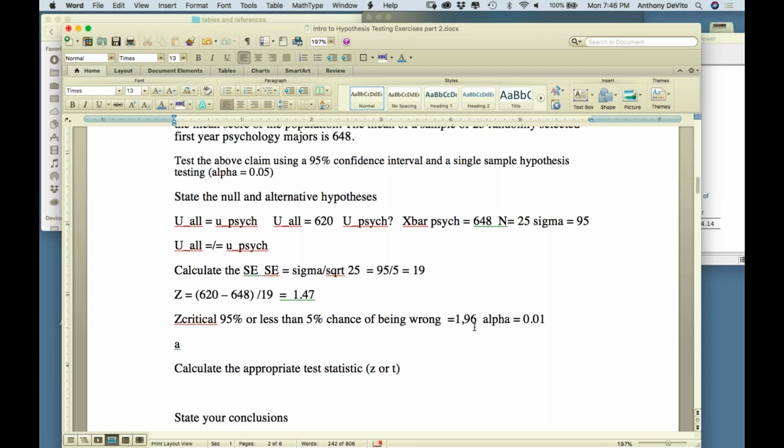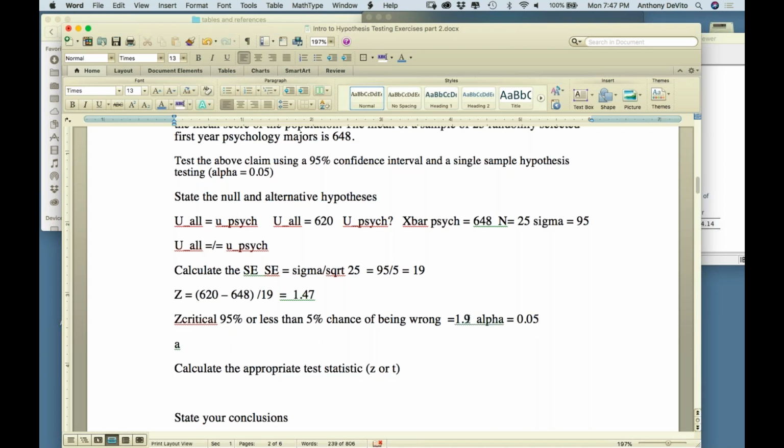What would z critical be then? Wrong direction, right? We want less chance of being wrong. So what's it going to be? We have to have them further apart in order to reject the null hypothesis if we want a higher level of certainty, 2.58, right? But we're satisfied with 1.96, and alpha is equal to 0.05.